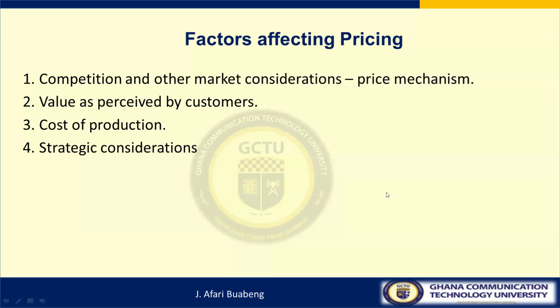Okay, because once a product has a price, it means that if you want to get access to the product, the compensation the ultimate beneficiary gives to the owners of the resource is what we term as what?